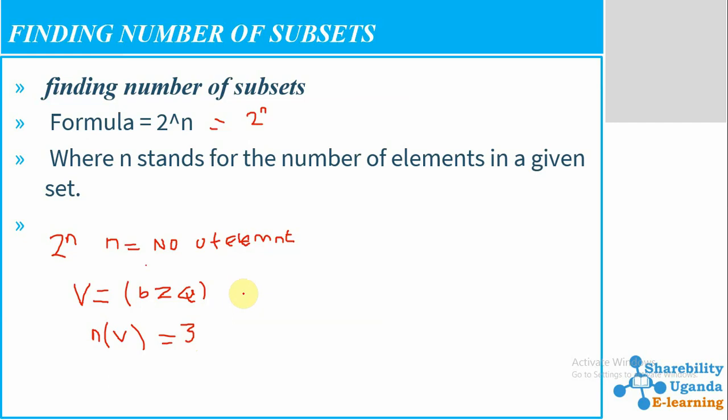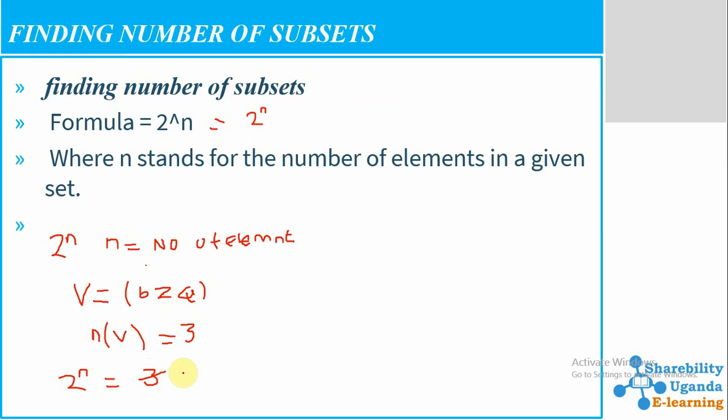Now here we have just solved it. Then we shall be given a number like this, and they tell us how many subsets can we form if we are given the number of elements as 3. So here we use the formula 2 to the power n. Sorry, a mistake.